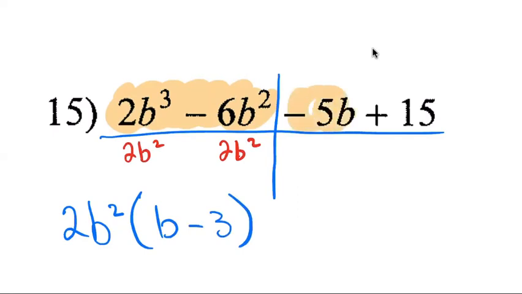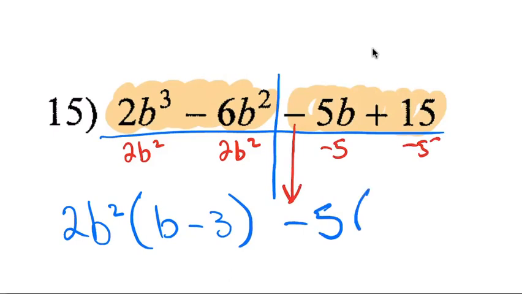We find the greatest common factor between minus 5b and plus 15, and that would be 5. And then you have to remember that whatever sign is in front of this term, that's the same sign that follows down. So this is going to be a minus 5. So then I'm going to factor out a minus 5 from each of these. Divide by minus 5. Negative 5b divided by minus 5 is plus b, positive b, and then plus 15 divided by minus 5 is minus 3.